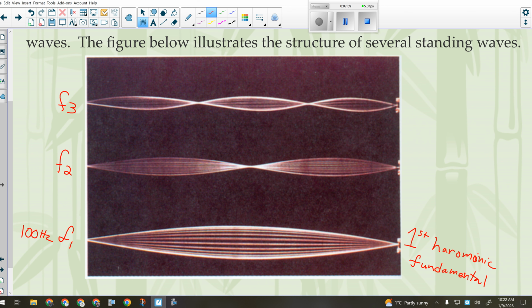Fundamental because everything is going to build on that one. This is our second harmonic. And this is our third. And that system works very well because it also happens to coincide with the number of areas of constructive interference that appear on the medium.